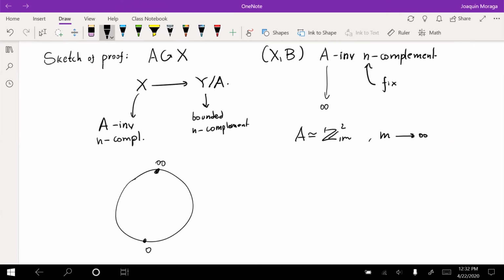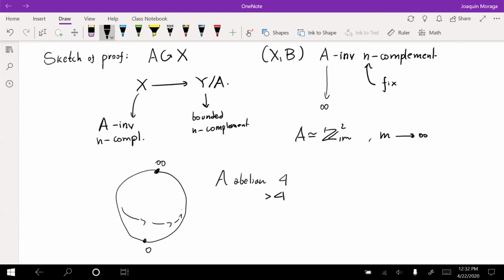If you have an automorphism group A acting on P1, if it is abelian and has order 4, it could do funny things, right? It will have 2 generators and move things like this. But as long as it has order greater than 4, you know that the only possible action will be fixing your 0 and your infinity, and then you just rotate by multiplication by some root of unity.